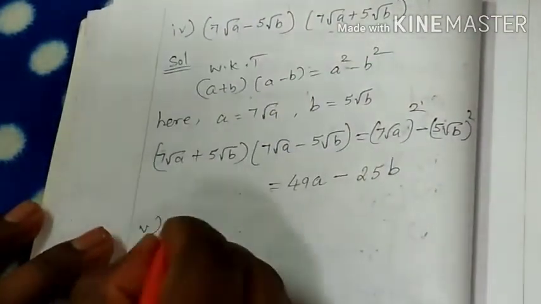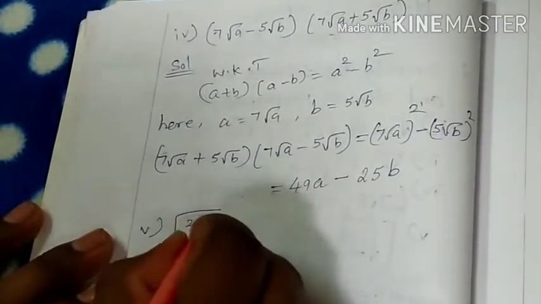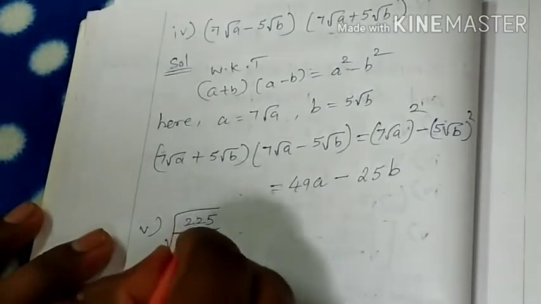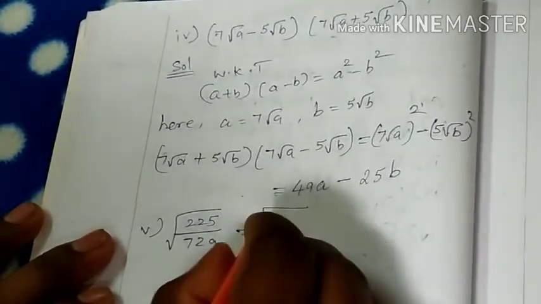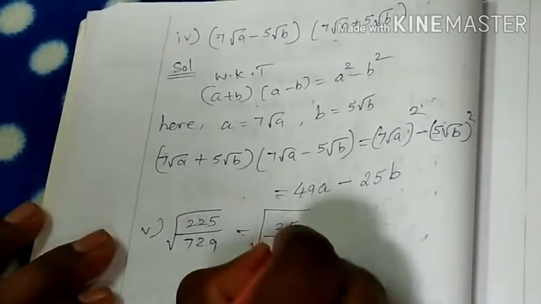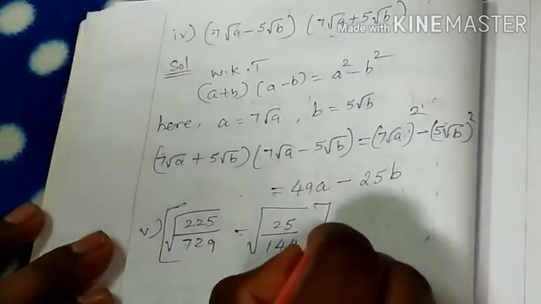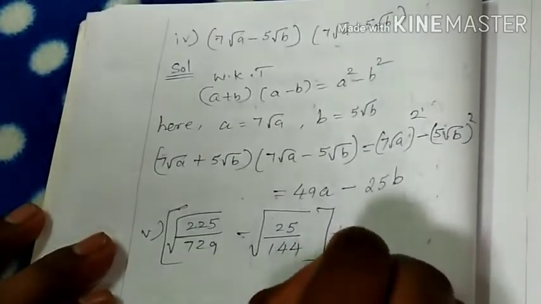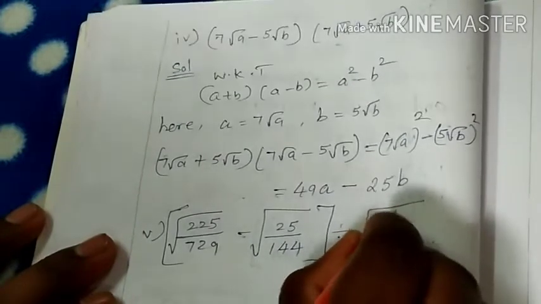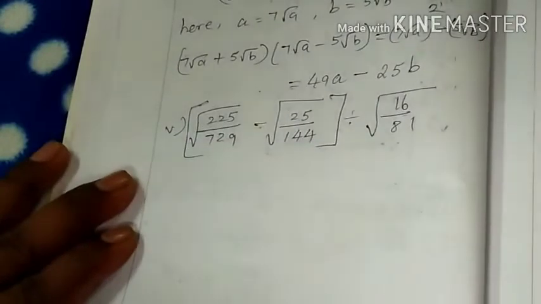Next, the fifth question is square root of 225 divided by 729 minus the square root of 25 divided by 144. All the square values are also well known; we already learned up to 30 square numbers. The question also has 16 divided by 81. This is your fifth question.